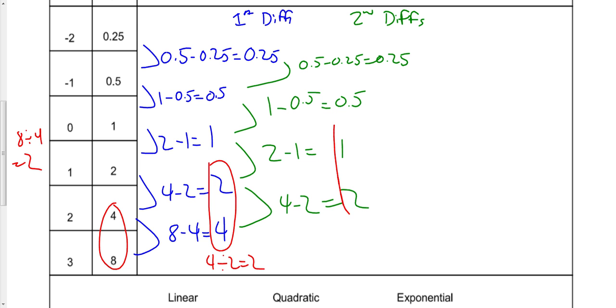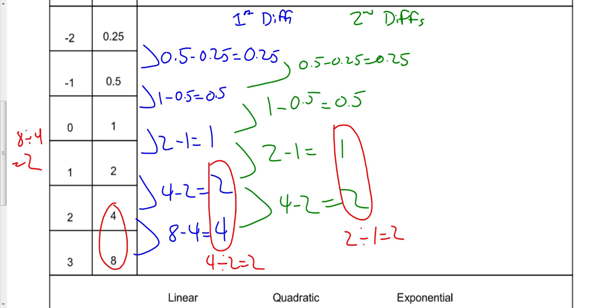I see that 2 divided by 1 is equal to 2. And 1 divided by 0.5 is equal to 2, and 0.5 divided by 0.25 is equal to 2, and so forth. So I actually have what we call a constant ratio.